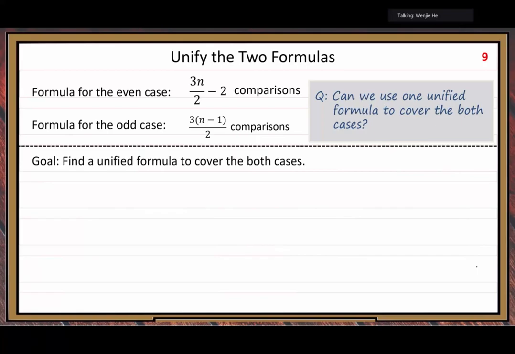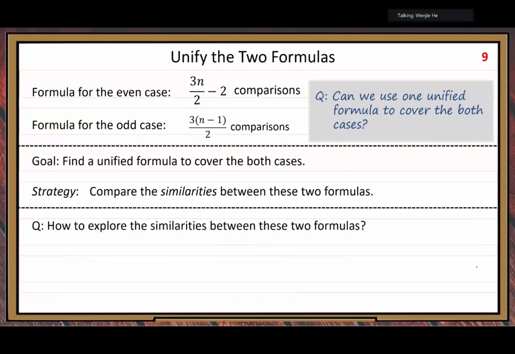Strategy: let us compare the similarity between these two formulas, so the new formula can share the similar part. But for the difference part, the new formula should find a nice way to take care of it.